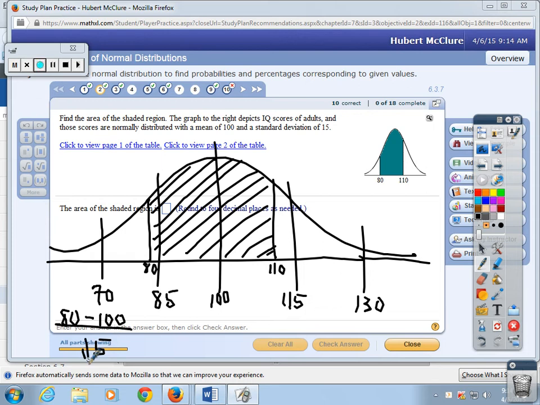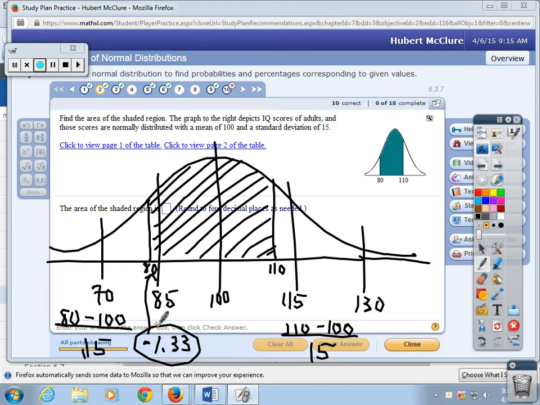Over here, 110 minus 100 over 15. So what's the 80 z-score? What is it? 80 minus 100 over 15. I know it's negative. Just tell me what the answer is. 1.33. Or 1.33 is good enough.